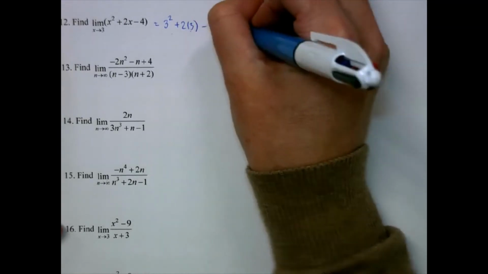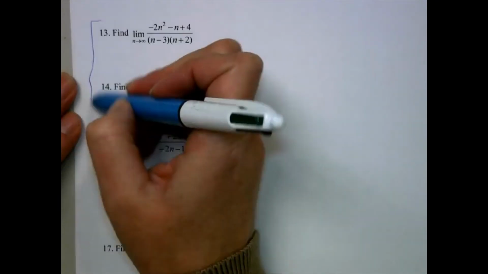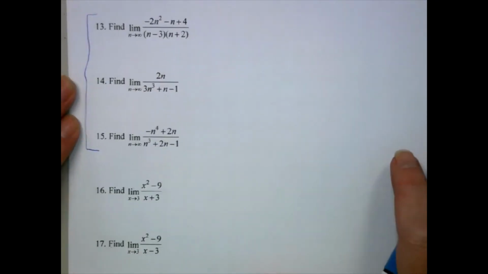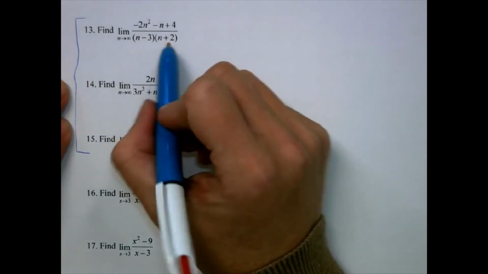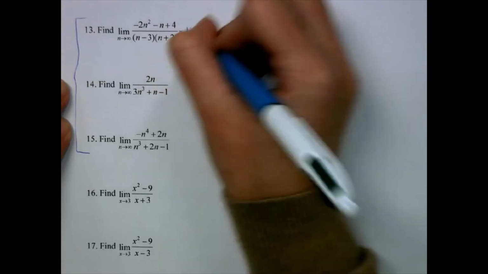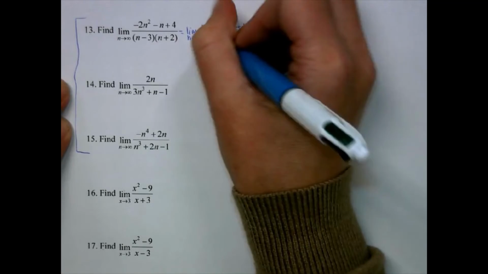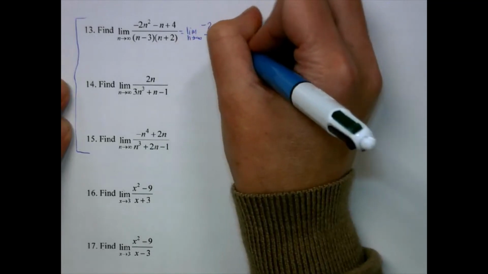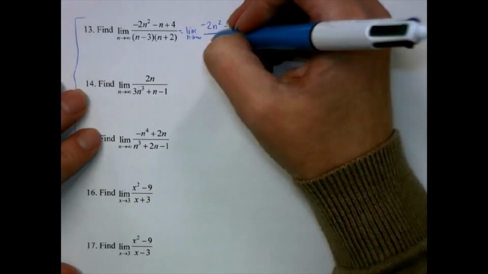Okay, these next three, we're all going to infinity. And in the free response video, I went through those rules. This one, if I multiply this out, is this. The degree is the same on the top and the bottom, so it's going to be the ratio of the leading coefficients, which is -2.